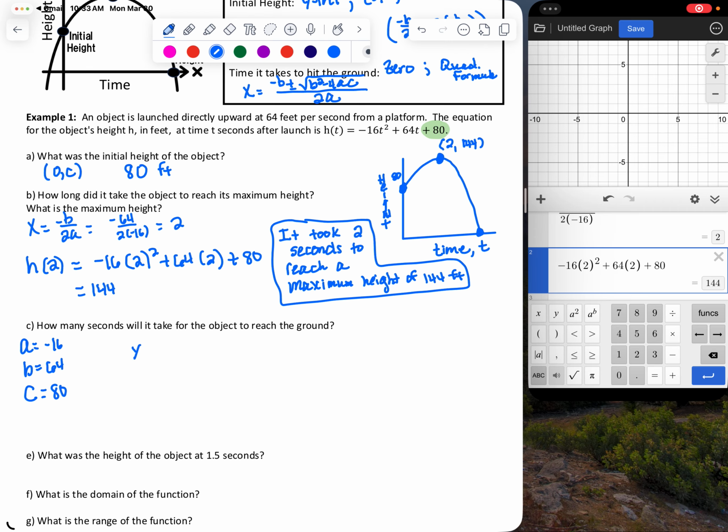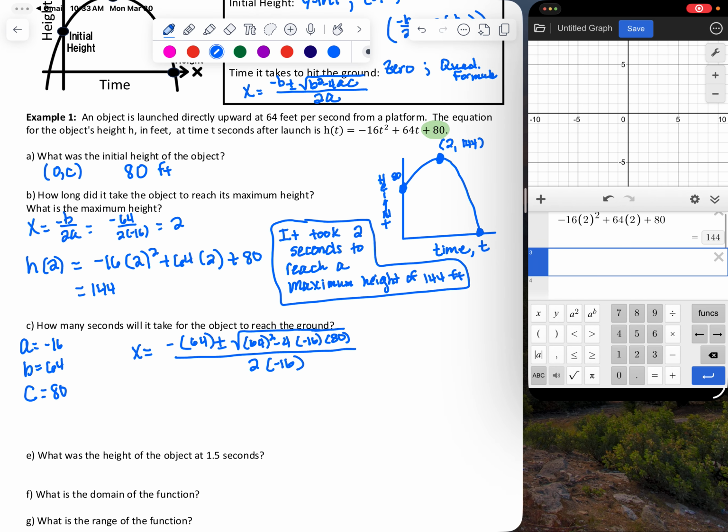So x equals opposite of b, which is 64, plus or minus the square root of b squared, or 64 squared, minus 4 times a, which is negative 16, times c, which is 80. Let me extend that square root. All over 2 times a, which is negative 16.